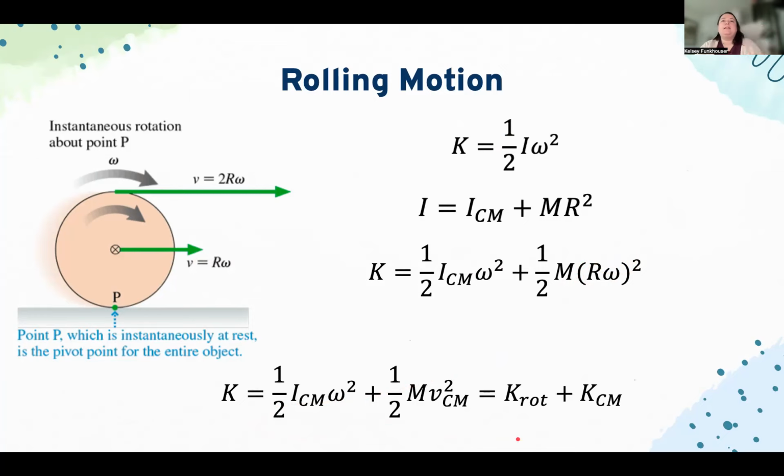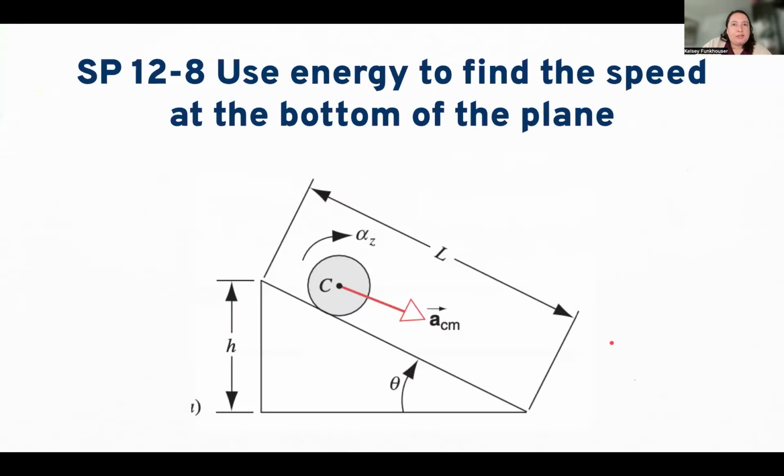For rolling motion, we have the rotational kinetic energy, so 1/2 rotational inertia angular velocity squared, plus the kinetic energy of the center of mass, which is our translational kinetic energy that we're used to. So when we're dealing with rolling motion, because we have translational motion and rotational motion happening, we have to think about things slightly differently. We're going to do a couple example problems that take this into account.